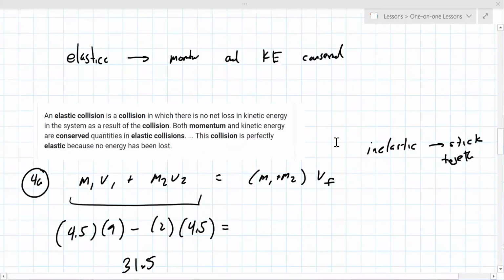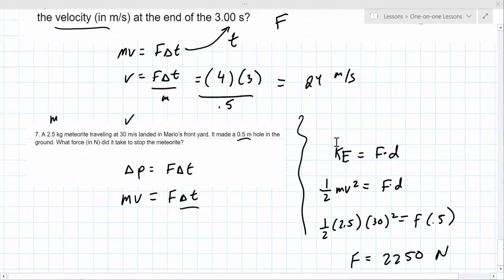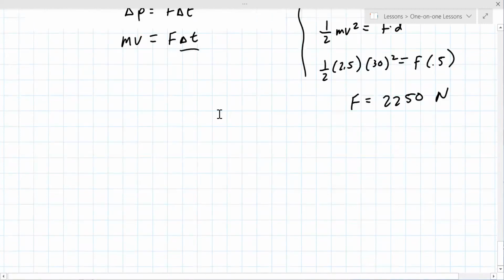That's really odd. So what do you think it would be in this case? What does it end up being?